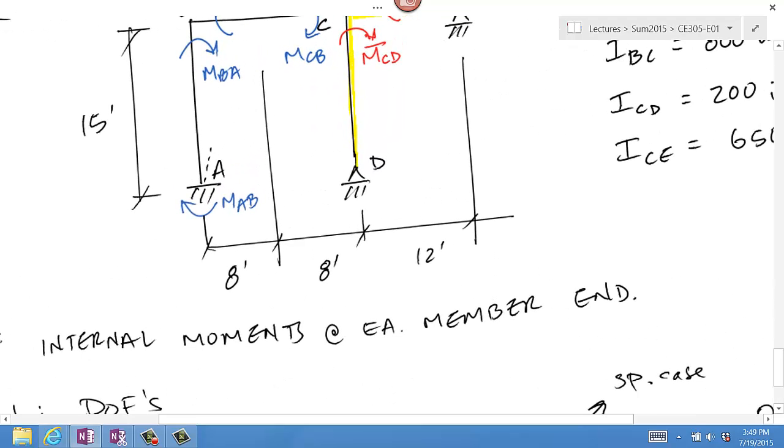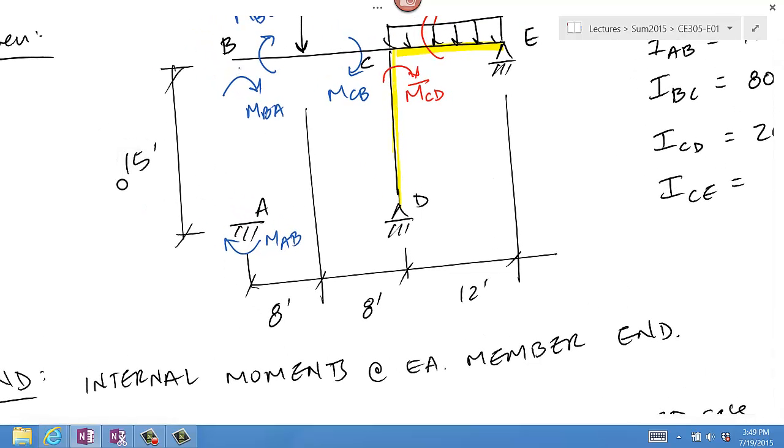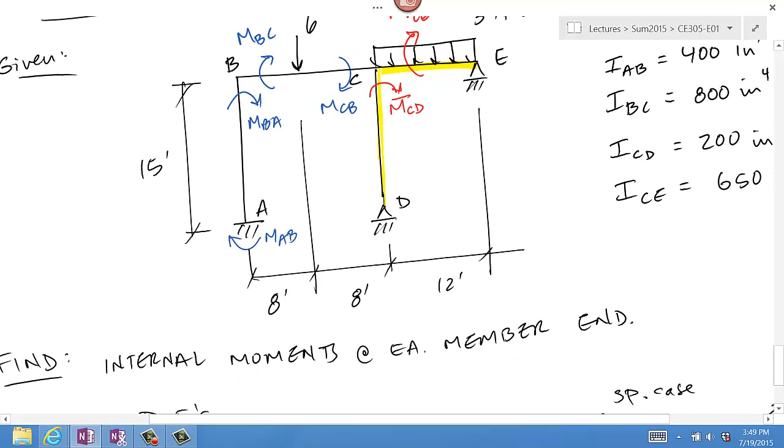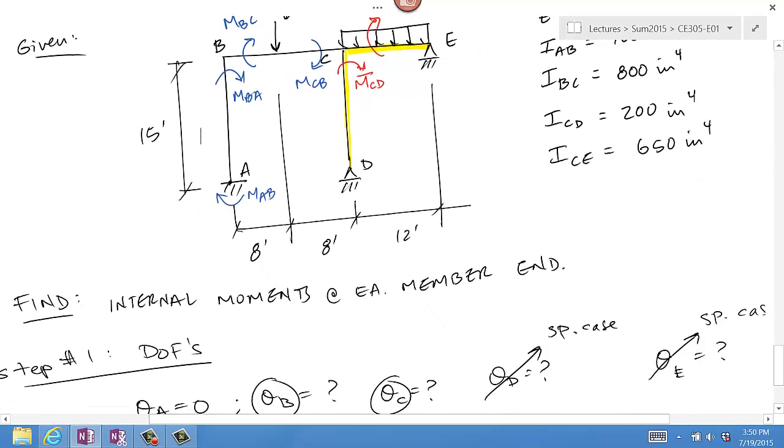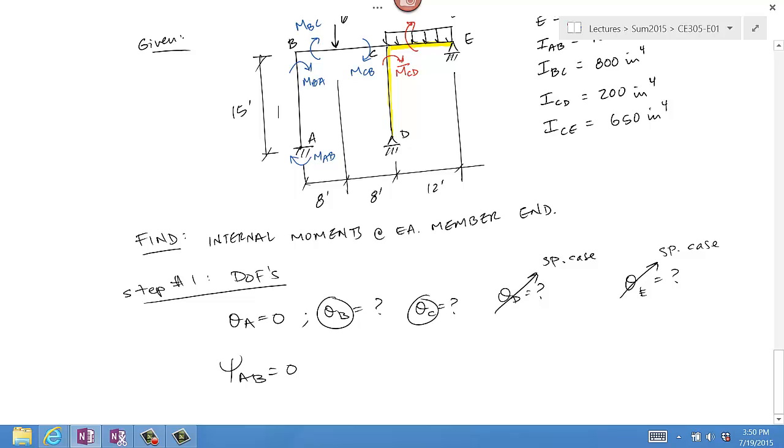Alternatively, support A does not settle toward the left. If support A, point A, ended up over here, that would have created a psi term for column AB. So psi AB is 0.